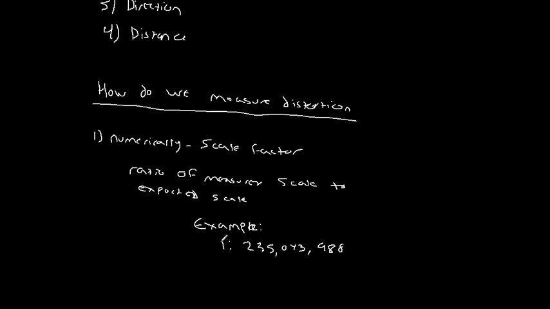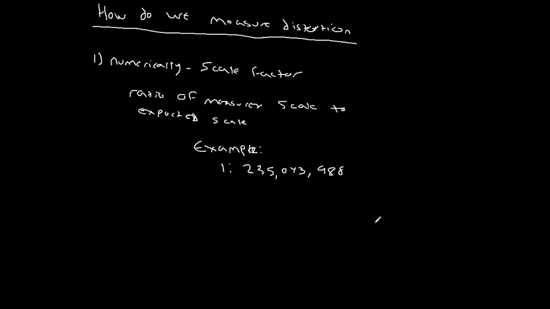So this means that every unit on our map should represent 235,043,988 units in the real world. This is our reference scale. This is what we expect everything on the map to be.